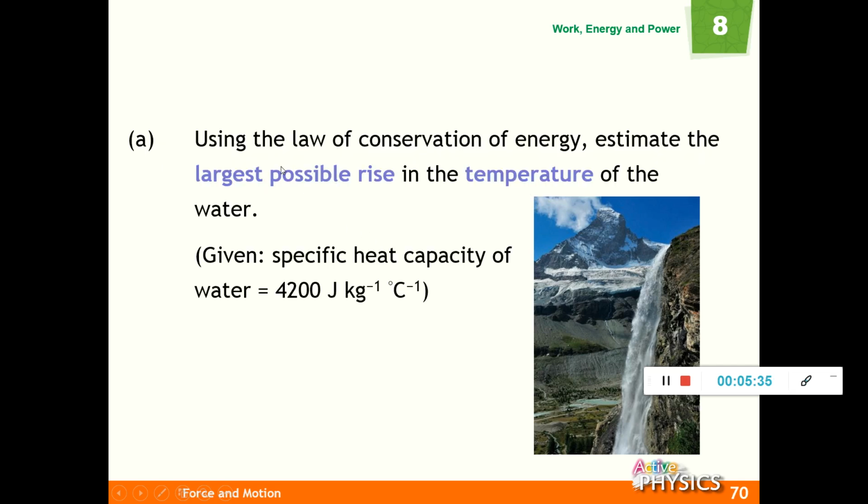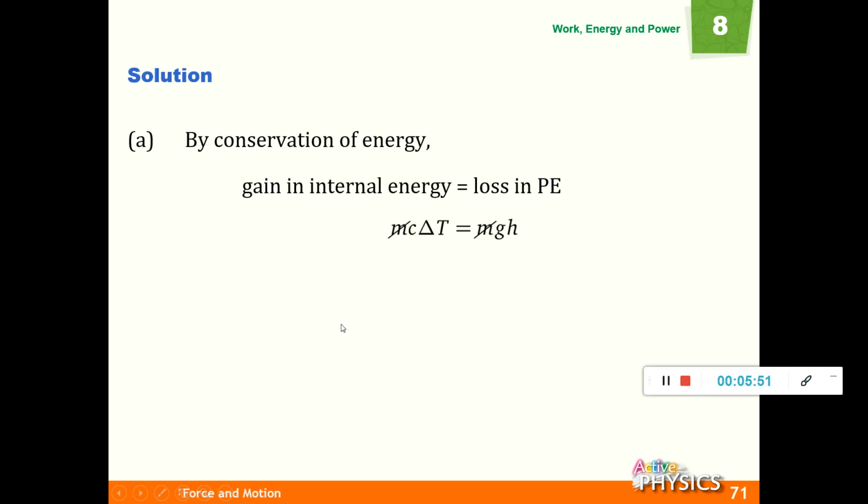Then look at this. Use the law of conservation of energy. Estimate the largest possible rise in temperature. This one will be the Form 3 syllabus, specific heat capacity, related to the energy change. So look at this, the answer. By conservation of energy, gain in internal energy means loss in PE.